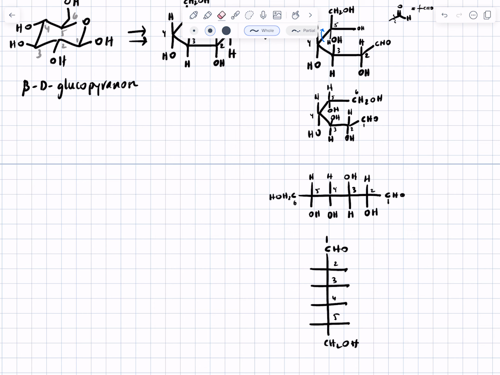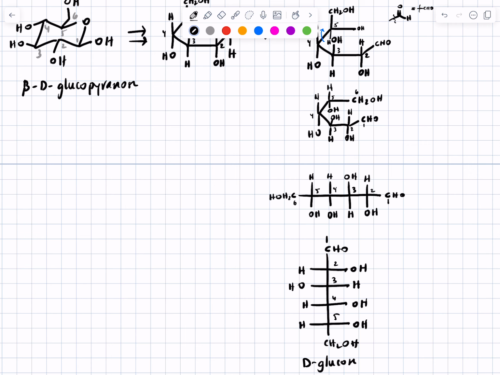And then we simply keep, since we've rotated it up kind of counterclockwise, everything that was down is on our right, and everything that was up is on our left. So that's the Fisher projection for D-glucose.